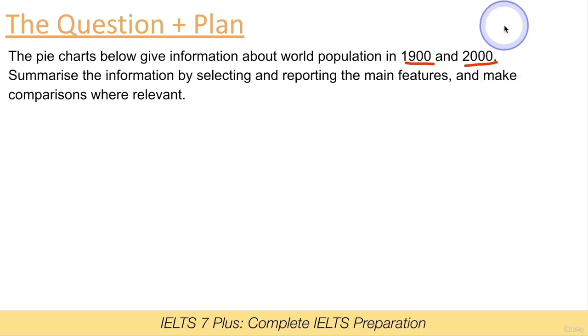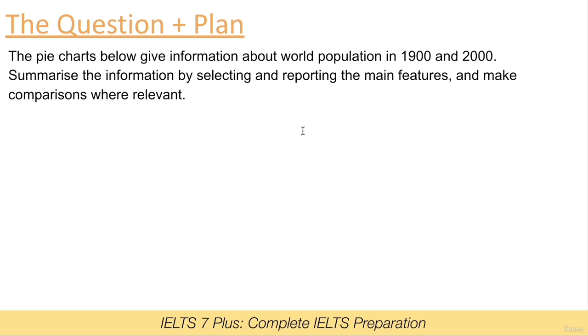So here we can think, there are more than likely 2 pie charts for these 2 years. Summarize the information by selecting and reporting the main features and make comparisons where relevant. So the question doesn't want us to compare everything, just where it's particularly striking or interesting.